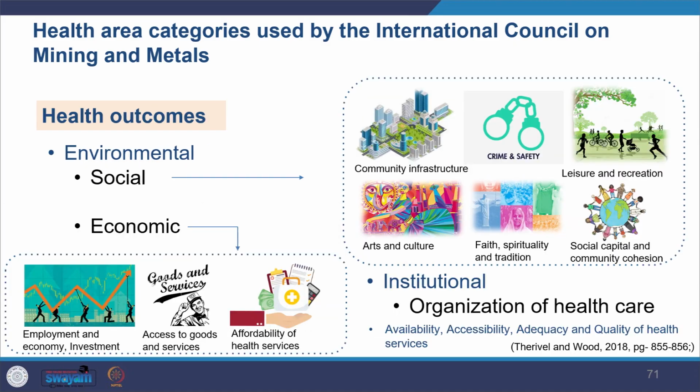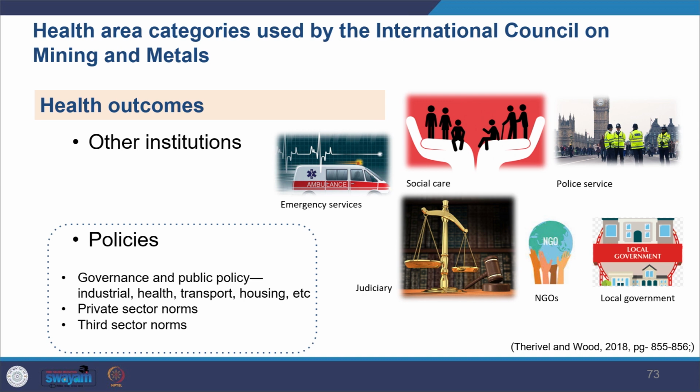And then you look at other associated areas, like social determinants, which include community infrastructure, crime and safety. Then you also have employment and economy. Then you also have institutions and policies, which also influence.